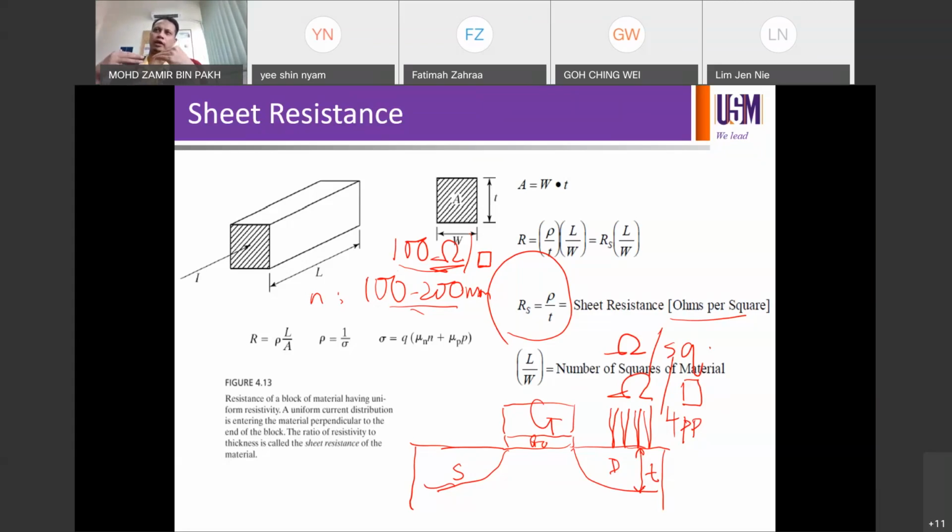If you dope heavily, for example, in the high 10^19 per cm^3, you will end up with low sheet resistance. If you go to 10^14, 10^15, you're going to end up with high series resistance. The good thing about going to heavy doping is you improve the channel conductivity by reducing the resistance.